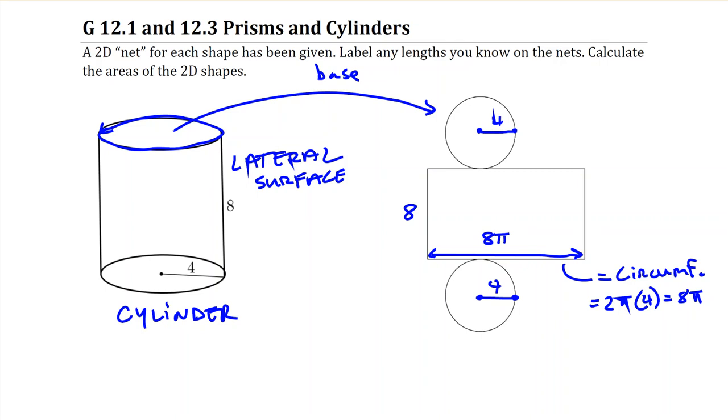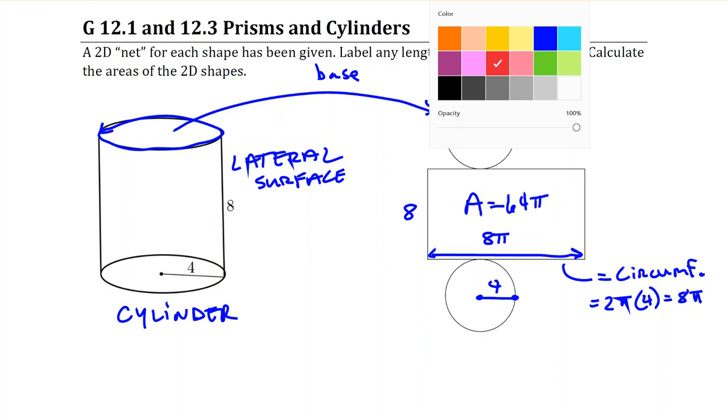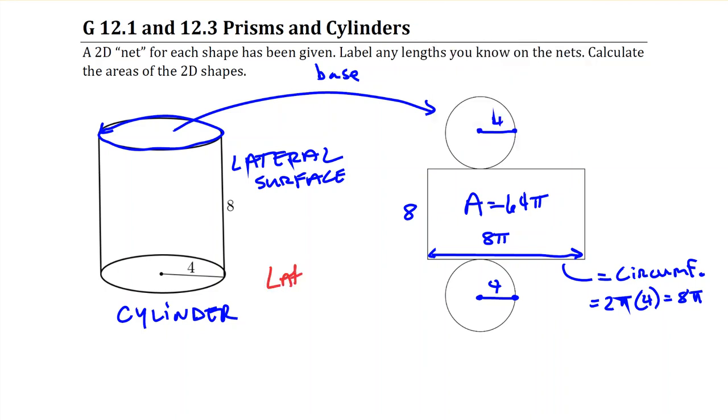Well, first we'll calculate the area of the lateral surface, and that's base times height, or length times width, which is equal to 64 pi. This is what we're going to learn to call the lateral area, or we'll use LA for short to represent lateral area, and it is the area of everything that isn't a base of the figure.